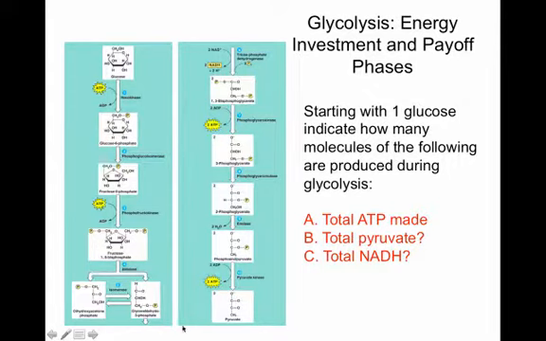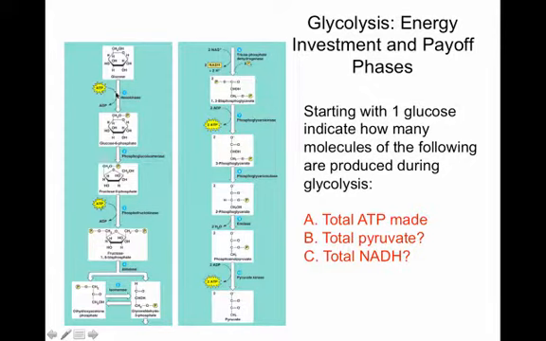Now all of the reactions are shown here. So here we start up here with glucose, and it looks very complex, I can understand if you're a little overwhelmed, but what I really want you to get from these diagrams is we start with glucose, and glucose is converted by an enzyme to an intermediate.